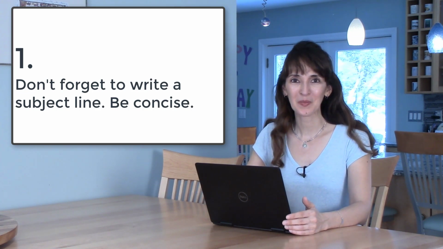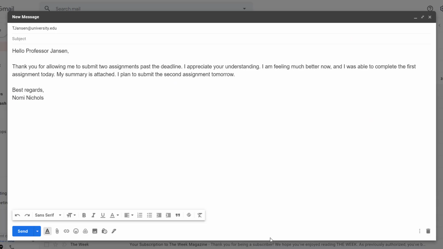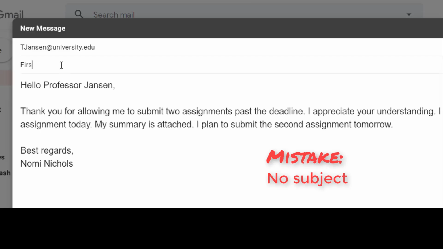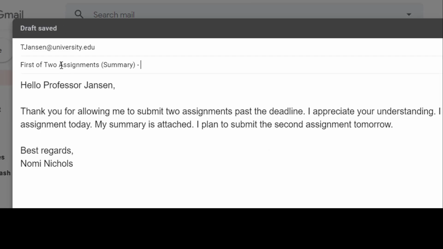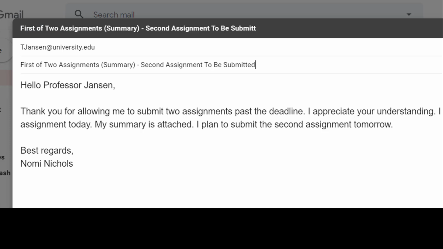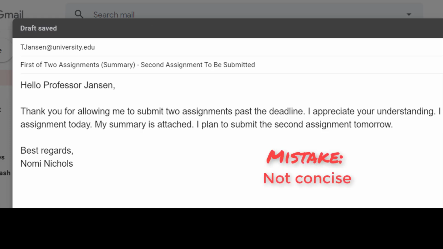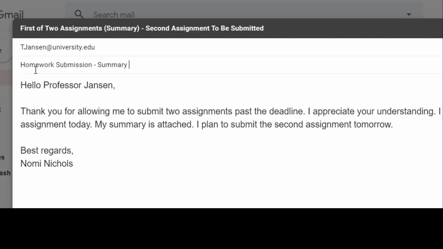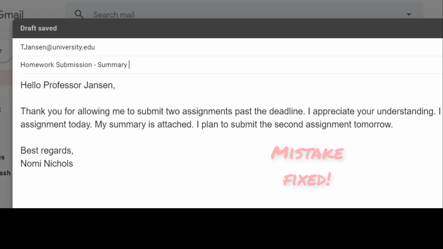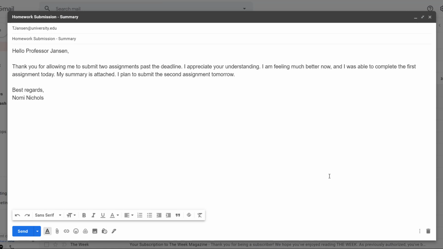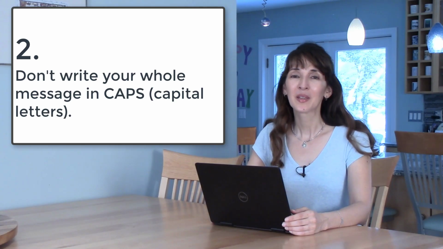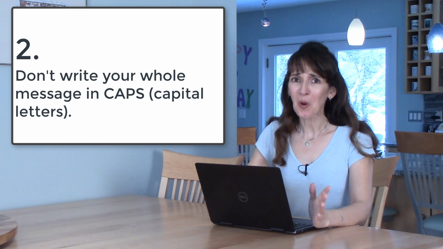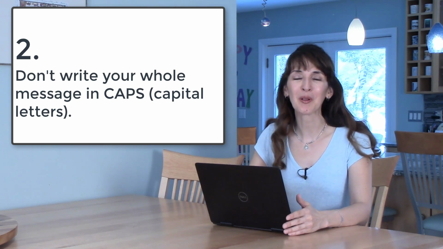Be concise. 2. Don't write your whole message in caps, capital letters.